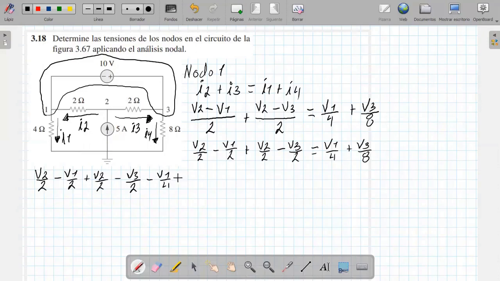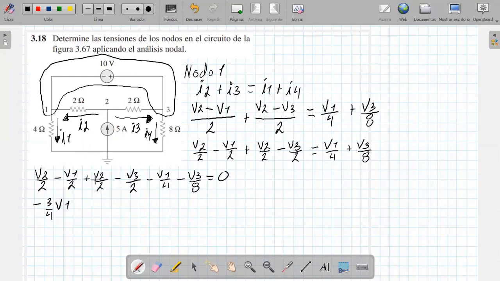On the other side the same, that's why the equal sign changes. I'm going to operate everything. What would this be? Minus 1/2, minus 1/4. That gives me minus 3/4 of V1.